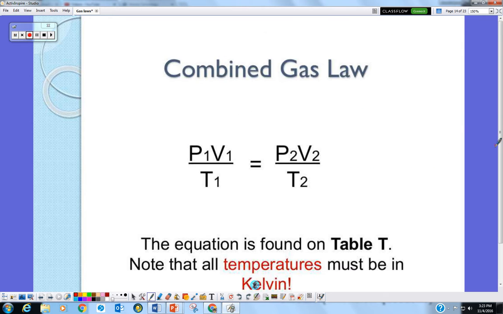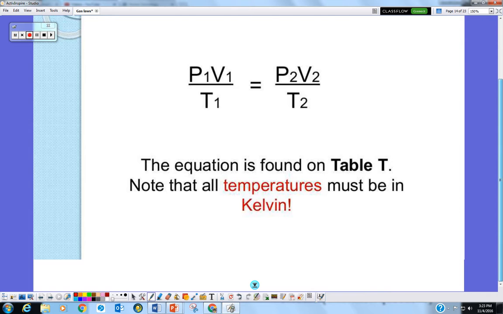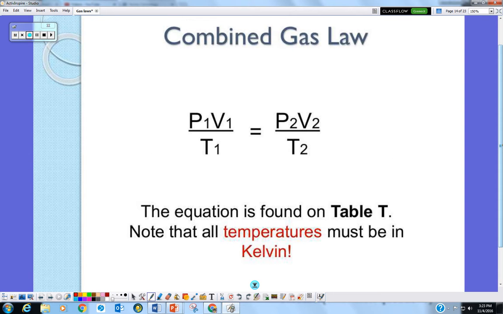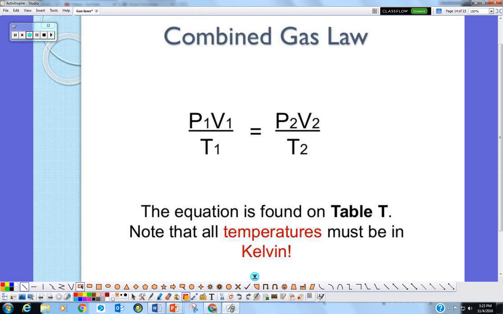Alright, so last one of the day, and this one, what I want you to understand about combined gas laws, any of the 3 types of questions that you were asked before, whether it be for Boyle's law, Charles's law, or Lussac, we can actually apply combined gas law in any of these, because if we were to hold temperature constant, then you can see that we essentially have Boyle's law, P1 times V1 equals P2 times V2.